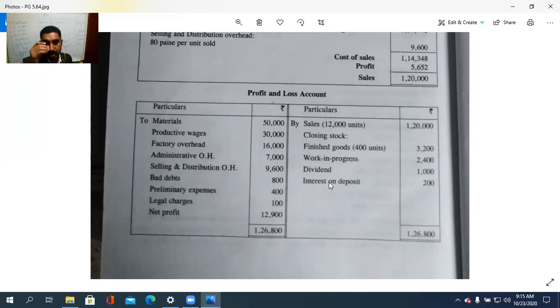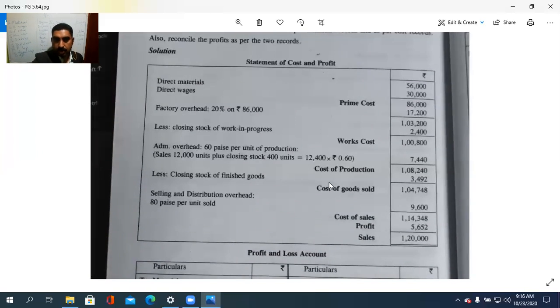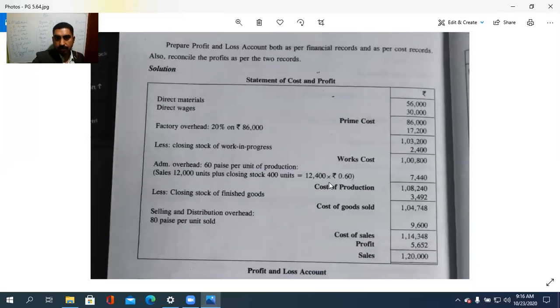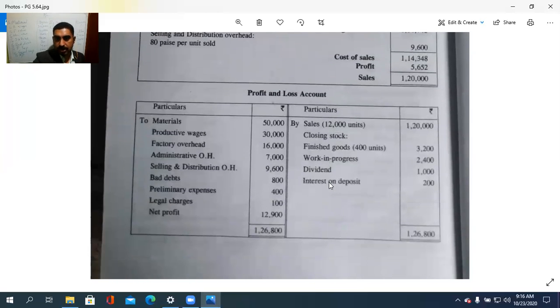Then the rest of the items are not to be taken care of in the cost books. Then closing stock of finished goods 3,492, here 3,200. Work in progress 2,400, 2,400. Then dividend received and interest on deposit are financial items, financial income or financial revenue.